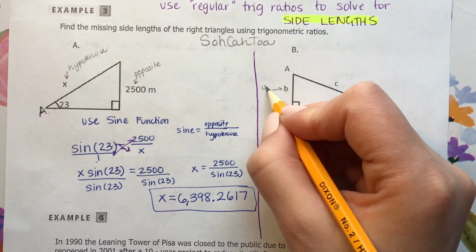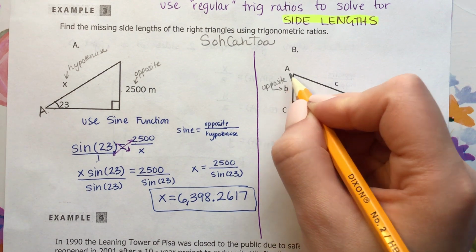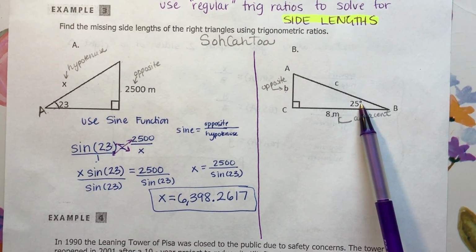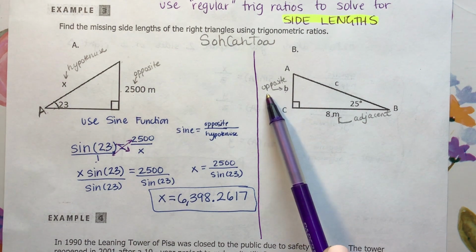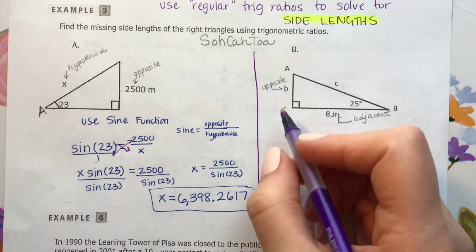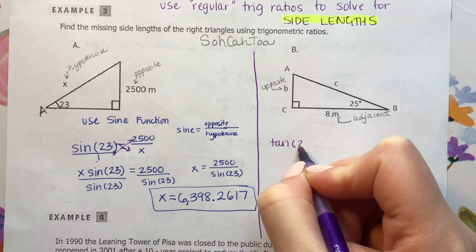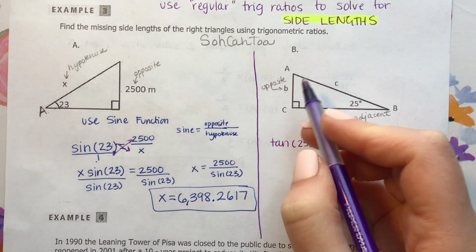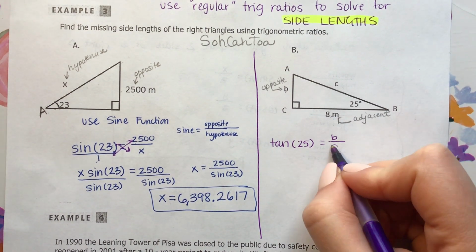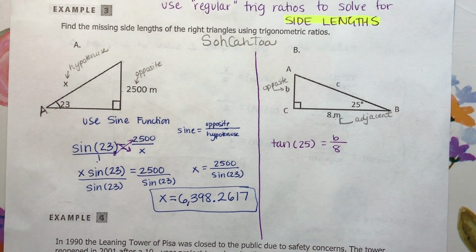B is going to be the opposite side to this 25 degrees. So based off of adjacent and opposite, I know that I have to use tangent. So I'm going to say the tangent of 25 degrees is equal to opposite b over 8.